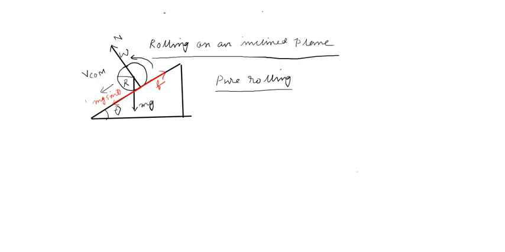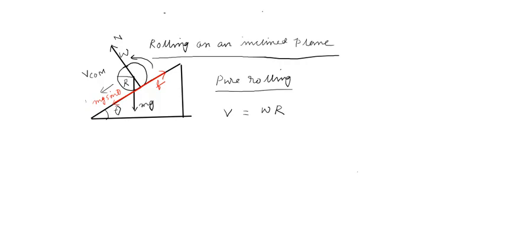For pure rolling, the linear velocity v is equal to omega times r, the angular velocity multiplied by the radius of the object.